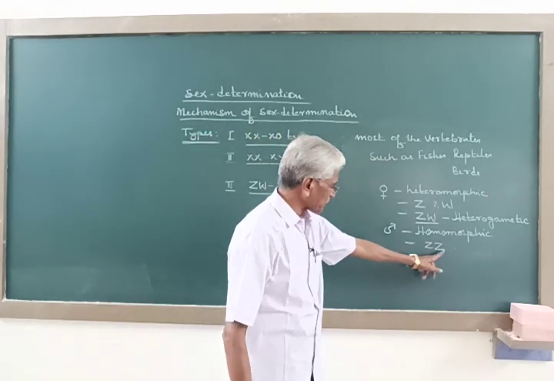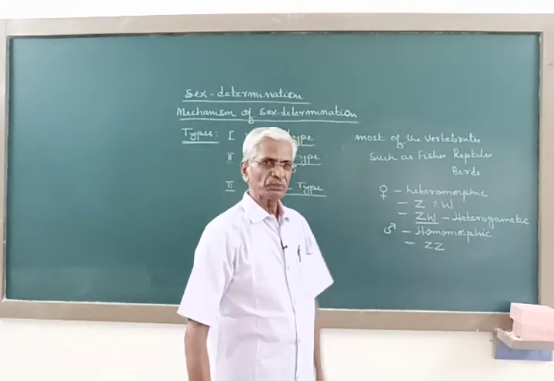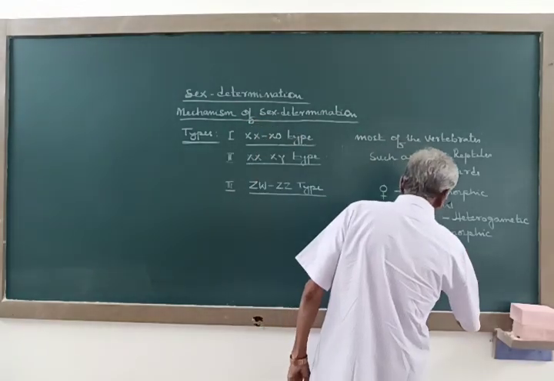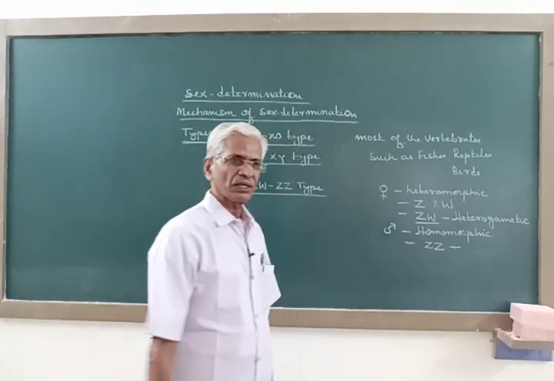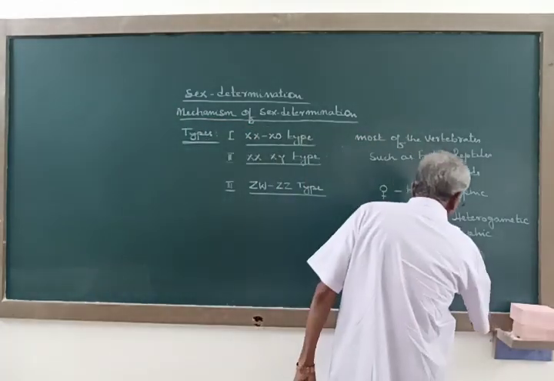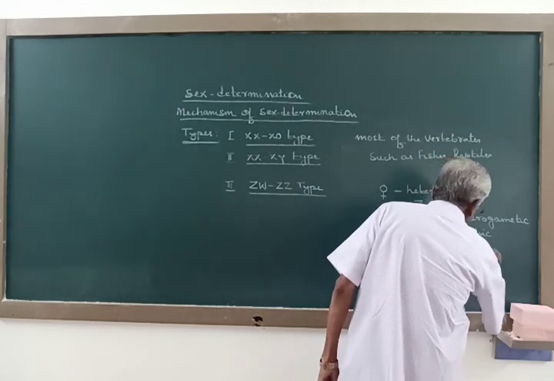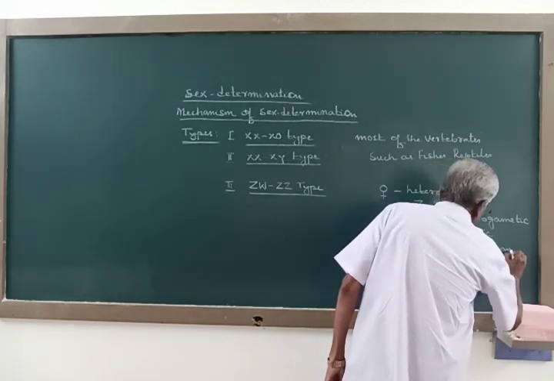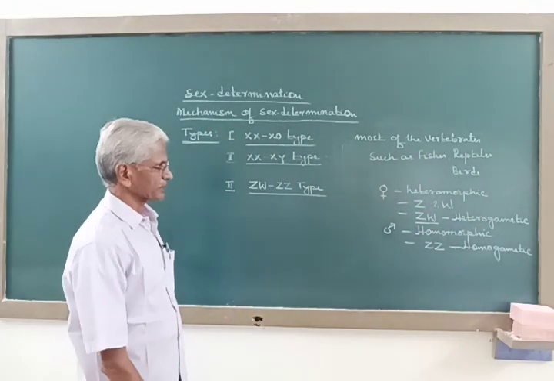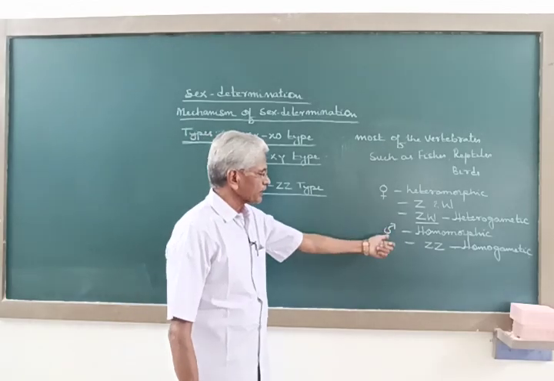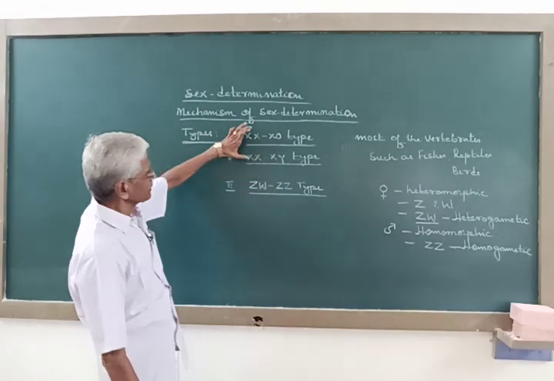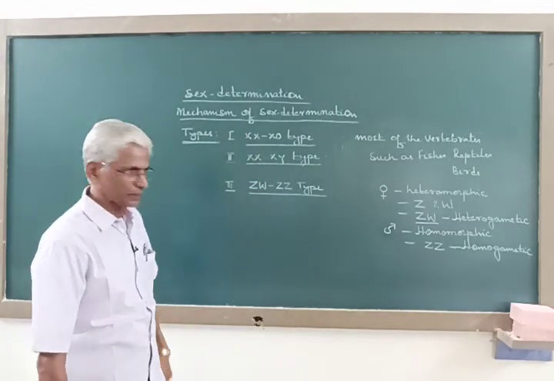Because the two sex chromosomes present here are homomorphic, they are similar, the male will produce sperms that are all uniform, all the same. Hence, male here is called homogametic. So here, the situation is exactly converse to the earlier two types.